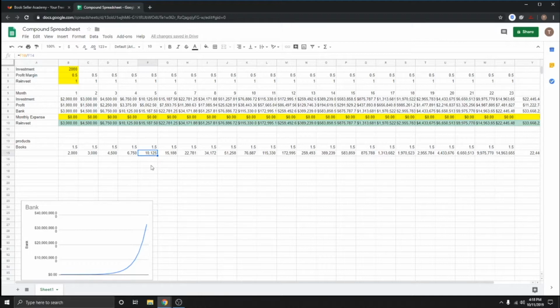So to scale in the big picture, if you want to scale with books, sourcing is fine, going to libraries and things like that. But as you think of how to grow your business, you need to look at, okay, where am I going to get more inventory? Where am I going to store this inventory?